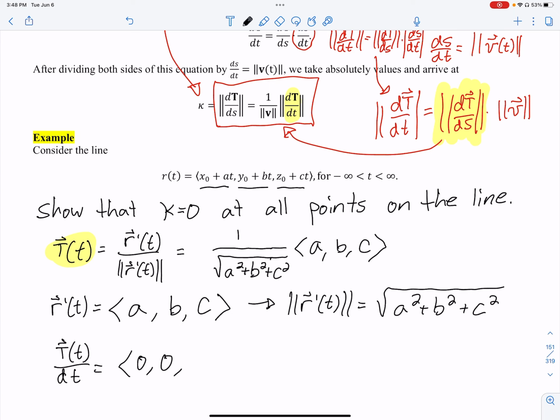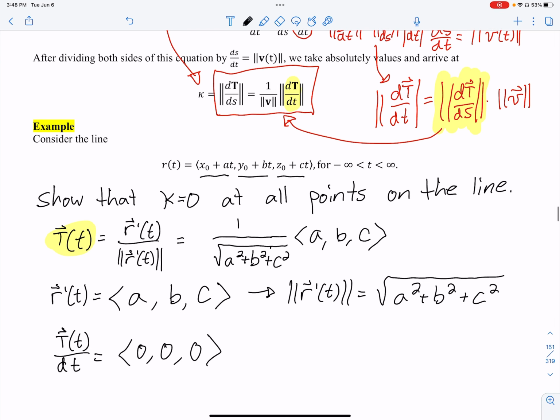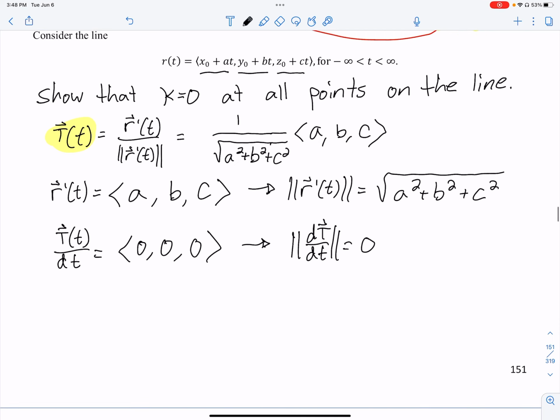Derivative of the b over that is a 0, and the c is a 0. Well, if that's the case, then the magnitude of dT dt is equal to 0, which in turn tells me that kappa is equal to 1 over magnitude of velocity times the 0.